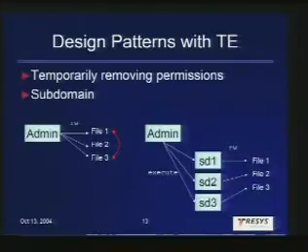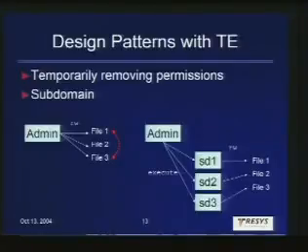So you could have a Trojan horse here, or even an unwitting user, which is your more likely case than a Trojan horse, get this data moved over there and you've got a problem. So you want to come up with a mandatory security policy that prevents that. What we do on the right to solve that is create subdomains. The administrator then can execute small subprograms like SD1. All SD1 has permission to do is read and write file 1.